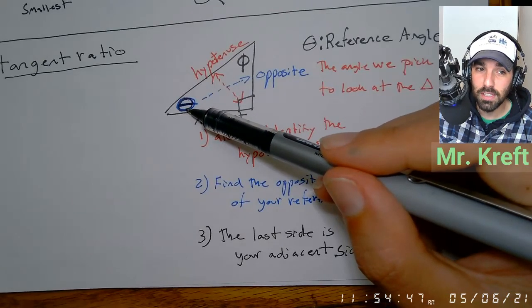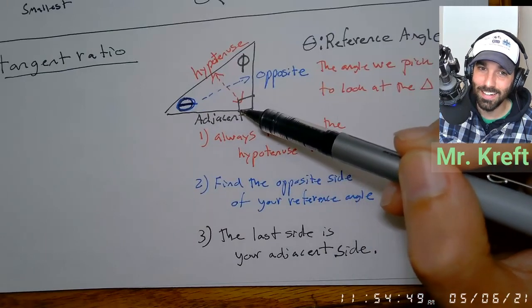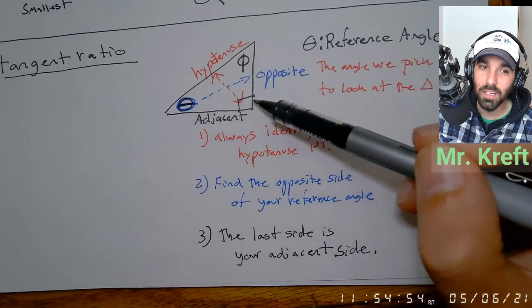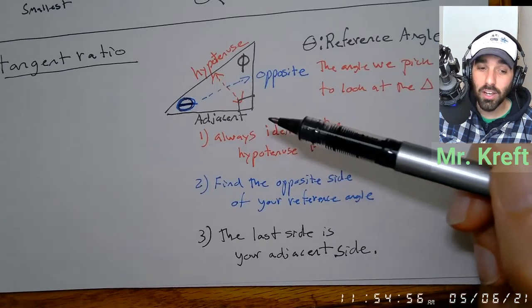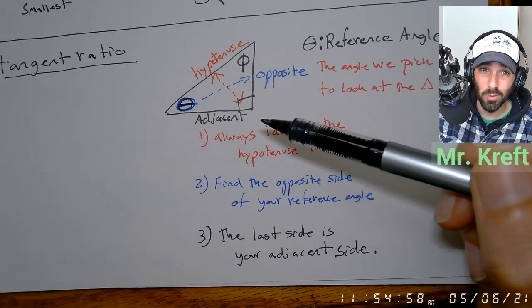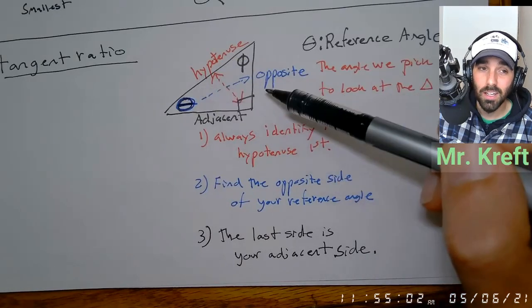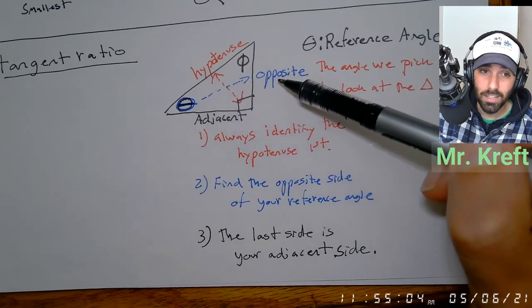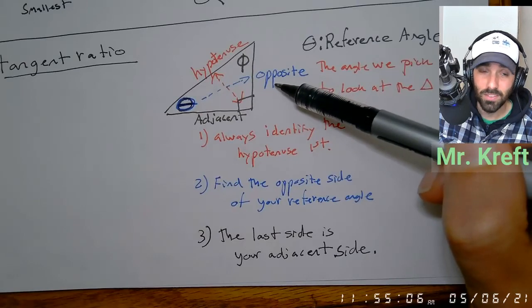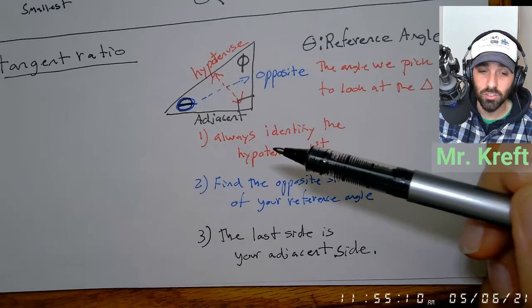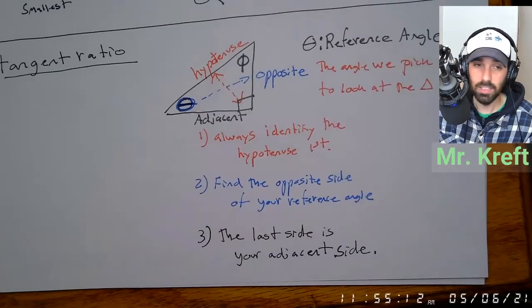Adjacent means adjacent to the reference angle and the 90. So I always just say, hey, find the hypotenuse, find the side furthest away, right? That's what opposite means. It means furthest away. And then the one that's left over is adjacent.